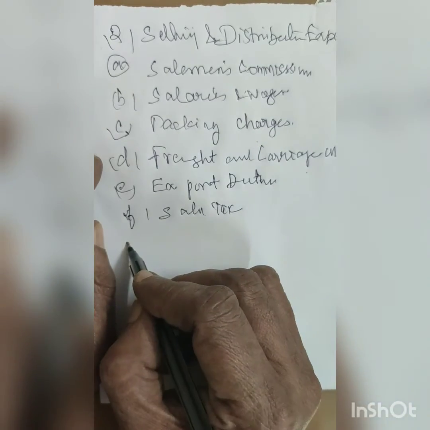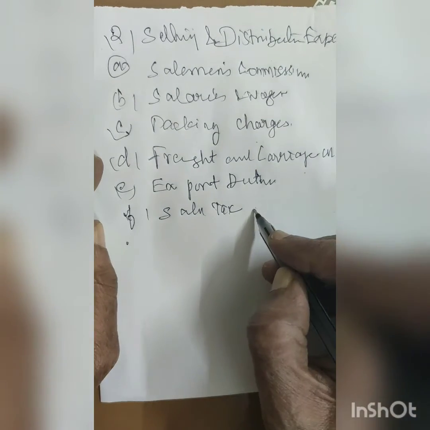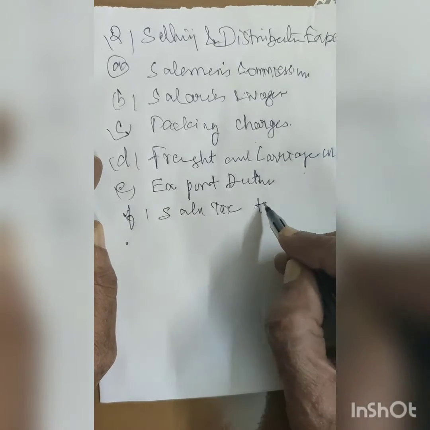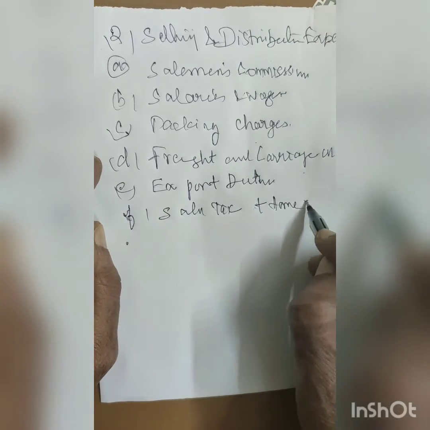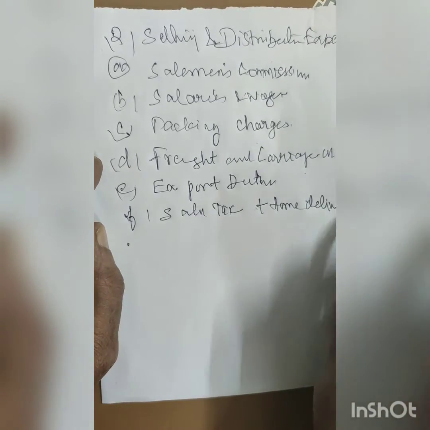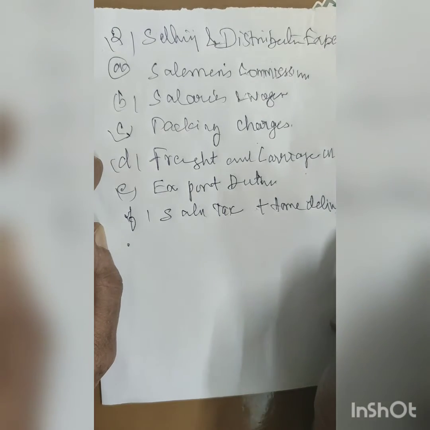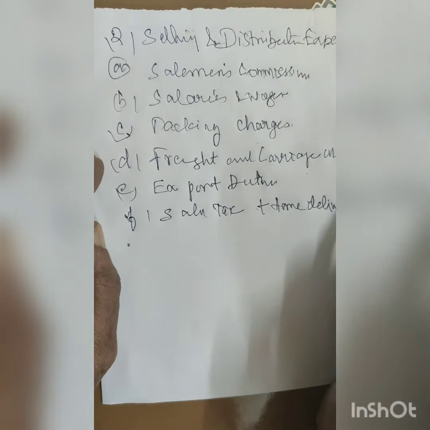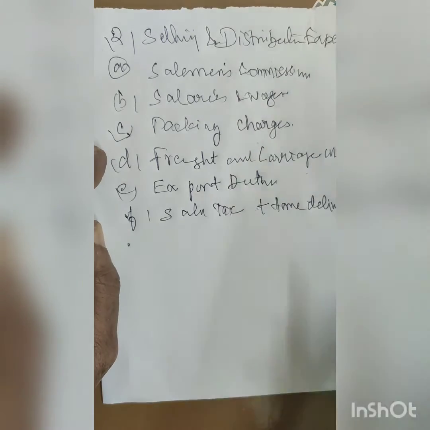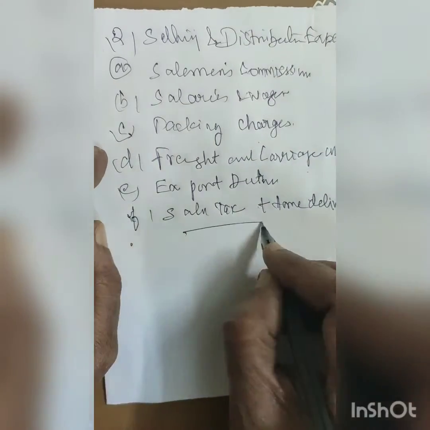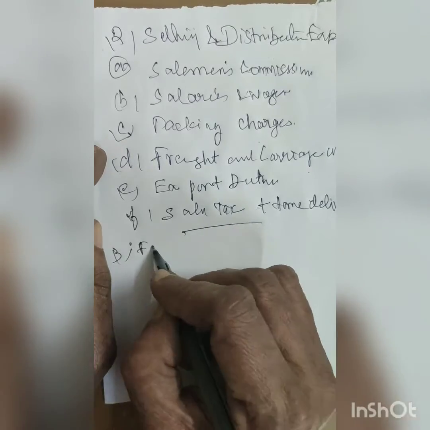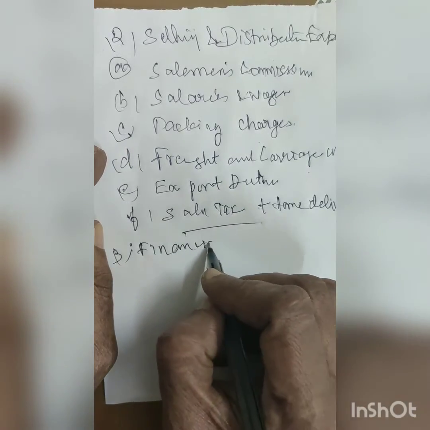And sometimes there is a home delivery expense. In addition to that, we can take one more expense which is called maintenance expenses, general expenses. The third area is financial expenses.